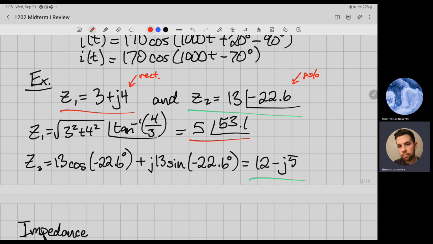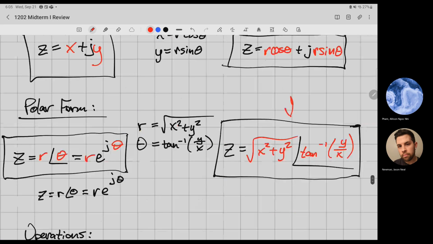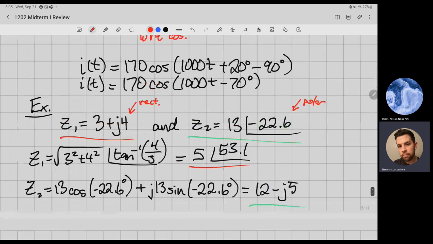In order to work with these, you need to convert this z1 into its polar form. To do that, you just use this equation right here. You literally just plug everything in. So z1 is equal to the square root of x squared plus y squared, and then the inverse tangent of y over x.